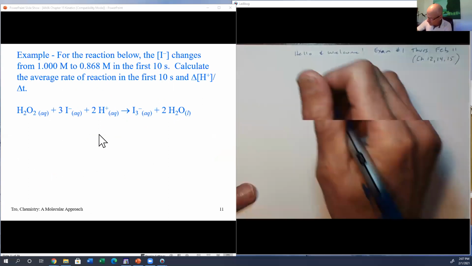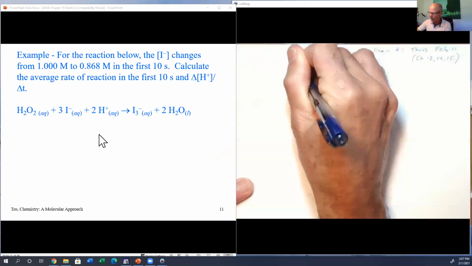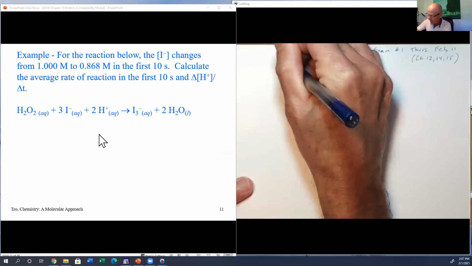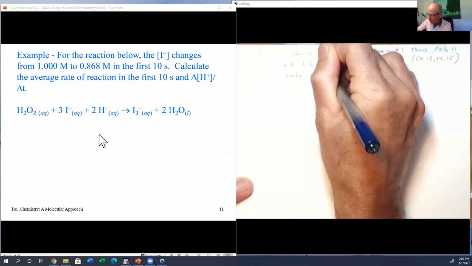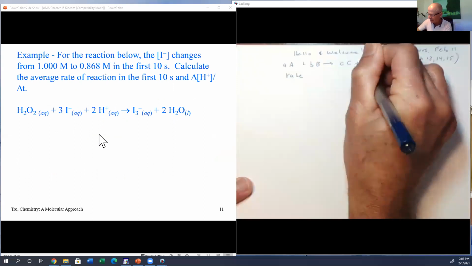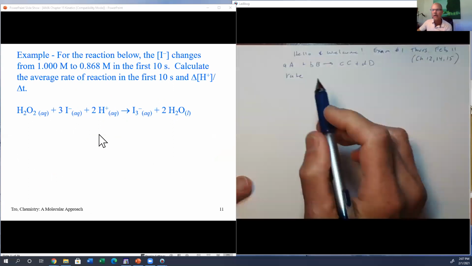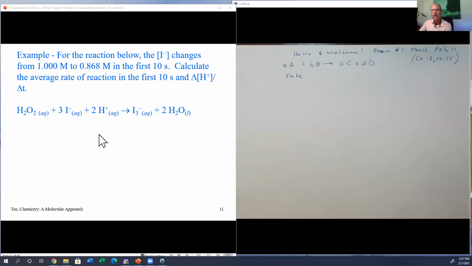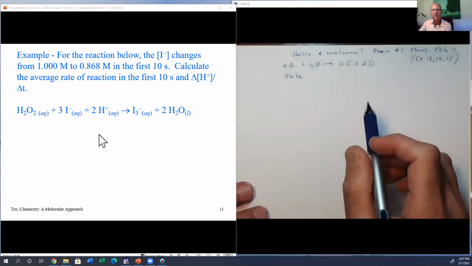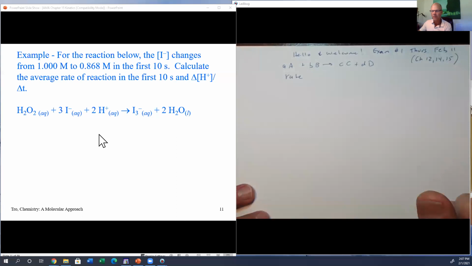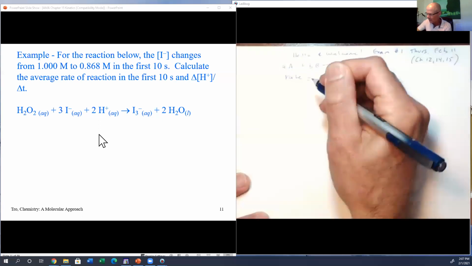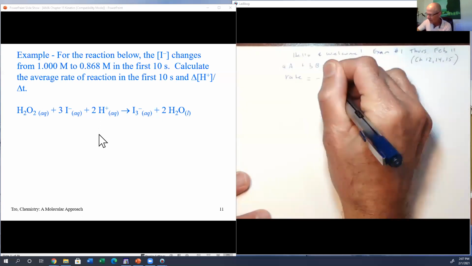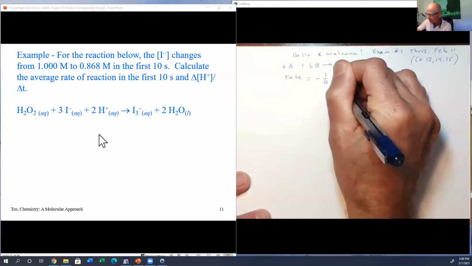If you have a reaction aA + bB goes to cC + dD, where the capital letters are the reactants and products, and the small letters are the stoichiometric coefficients, okay? Then we define the rate of this reaction as being equal to minus 1 over a, delta [A] over delta time.